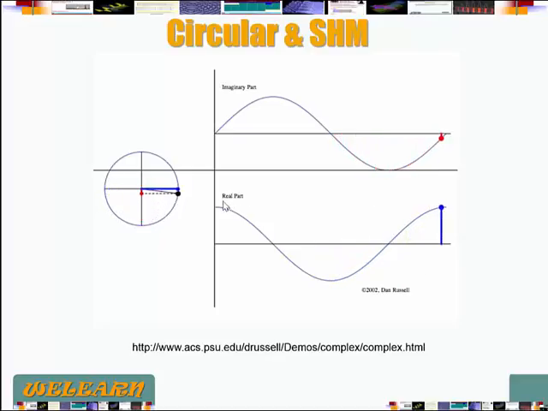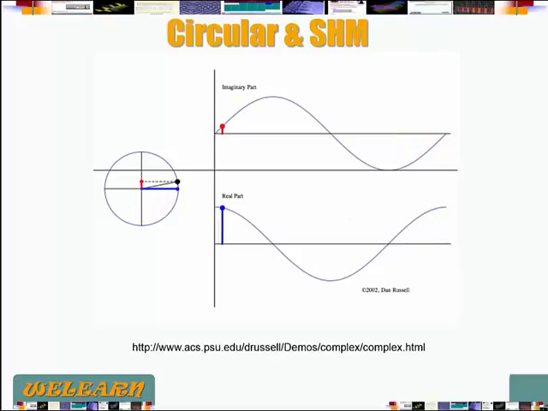In this case, just for people who are familiar with complex analysis, the x component is called the real part. The y component is called the imaginary part. Okay. So you see here how the rotational motion is translated into a sine function for either the y component of the motion or the x component of the motion.